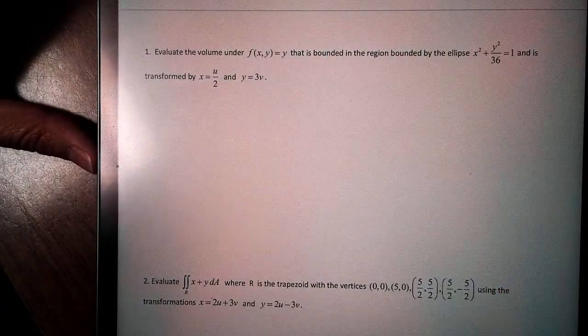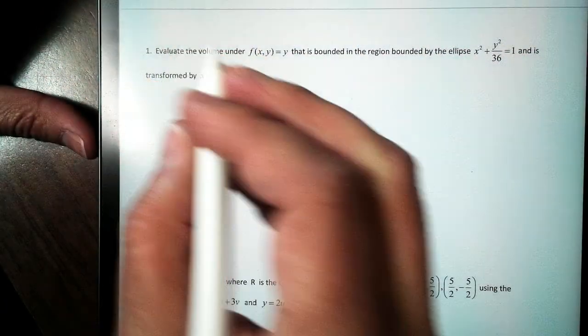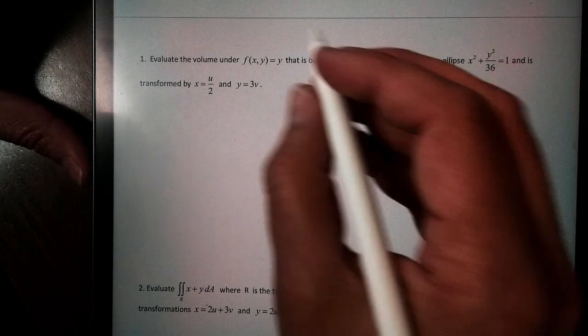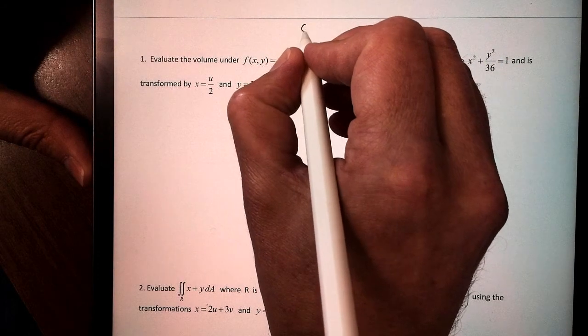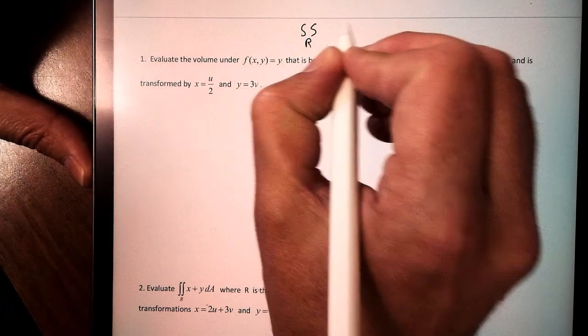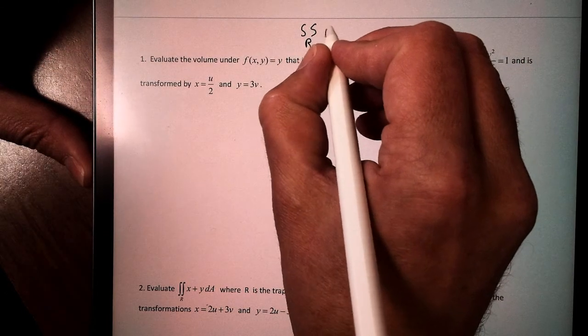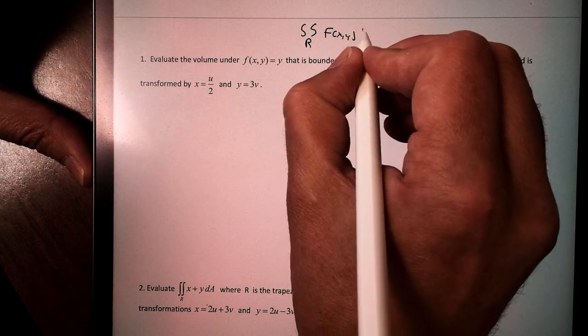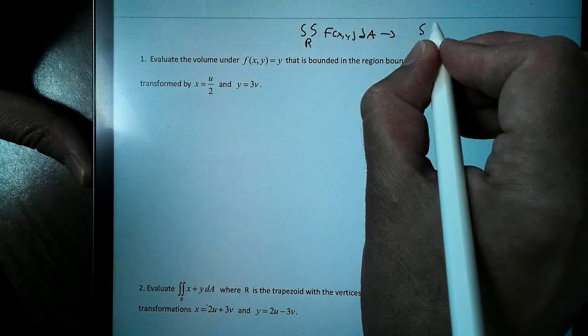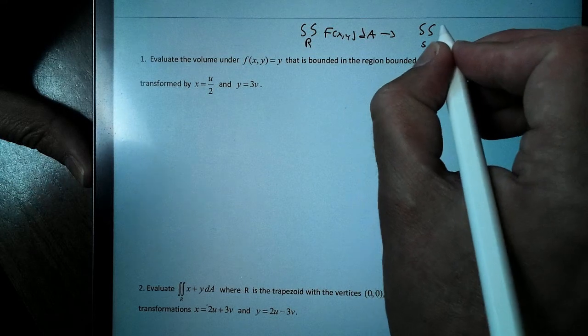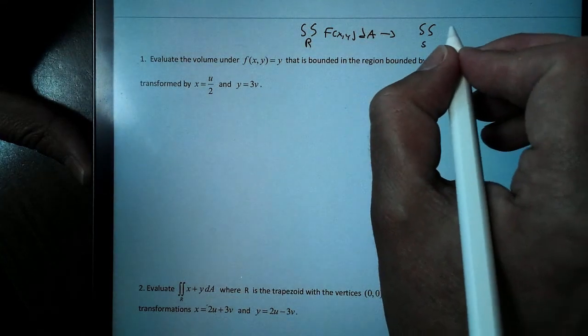So there's a couple things we have to do here. One, I want to use my Jacobian, so my rule for my substitution says we're going to take our integral, f of x, y, dA, and we want to transform that into a new one. Our new base is going to be, we'll call that S. That's our transformed base.